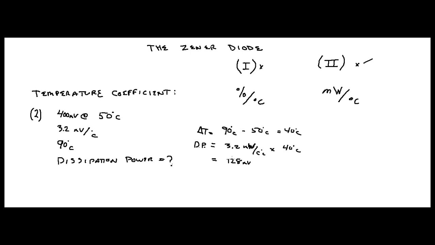So if we get back to our example, what do we do with this 128 milliwatts? You know that you can dissipate 400 at 50, but now the temperature has increased. Well, you're not going to be able to dissipate 400 now, so this is going to be subtracted.